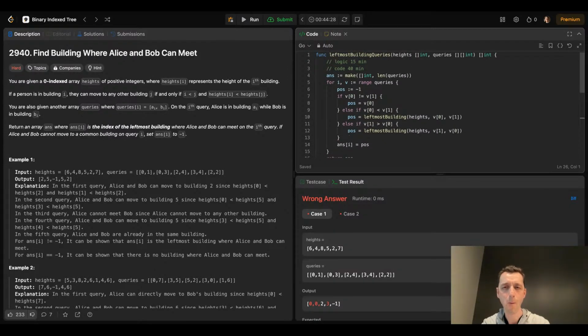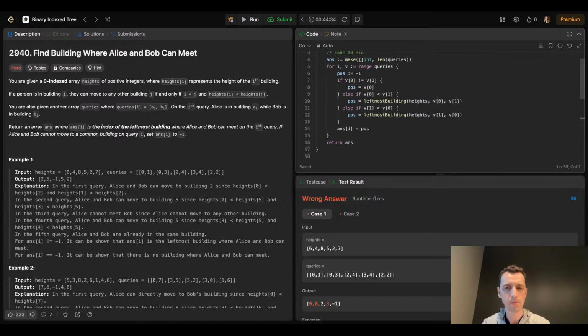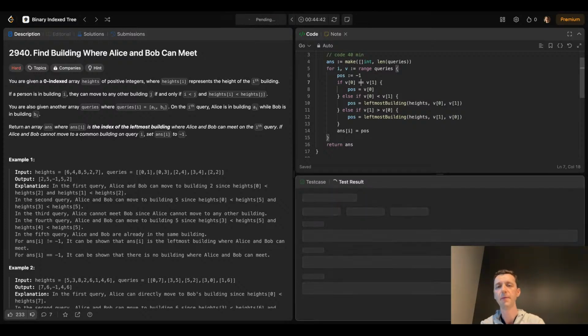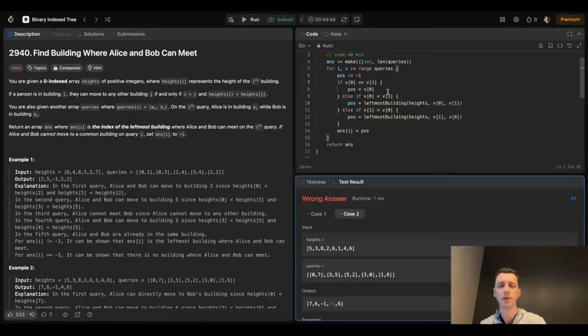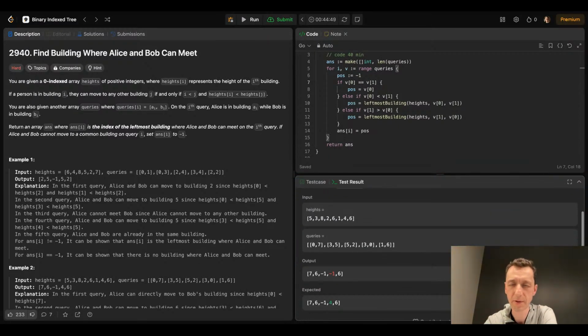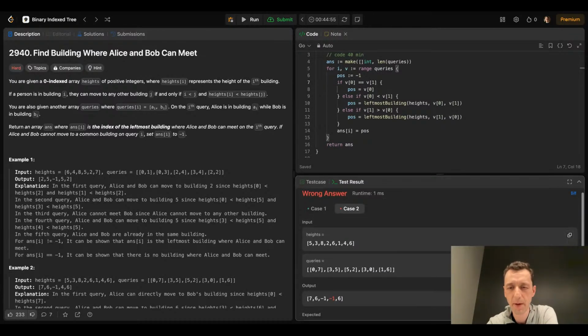Somehow we get zeros. Oh, I see. We need to check if they're equal. Yeah, okay, so it worked the first time. If they're equal, then we just return. Yeah, so there is a bug.